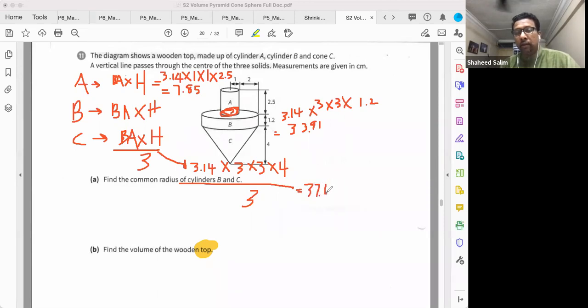Okay, do you get Shafi's answer? 37.68 plus 33.91 plus 7.85. Okay, we get Shafi's answer, 79.44. So it's very, very straightforward.